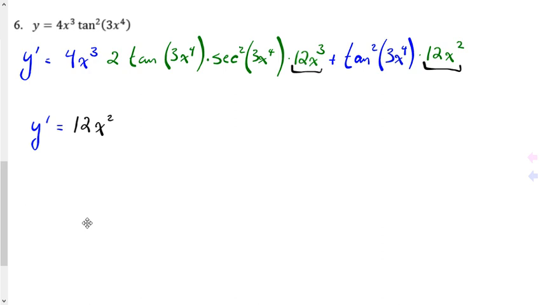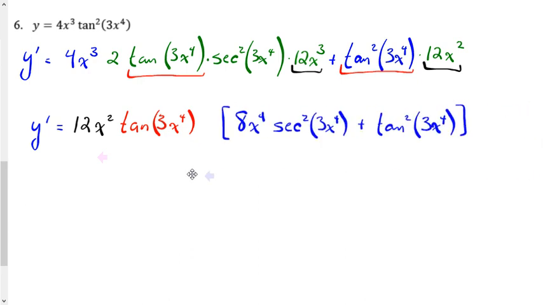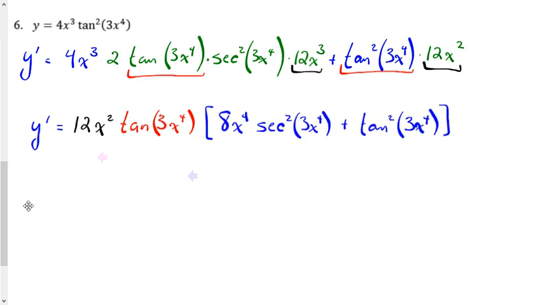Then there's also a tangent of 3x to the 4th that's common. Here it's squared, so we're going to have one left. And with all those leftovers, this is what we get. And that's far enough for simplifying.